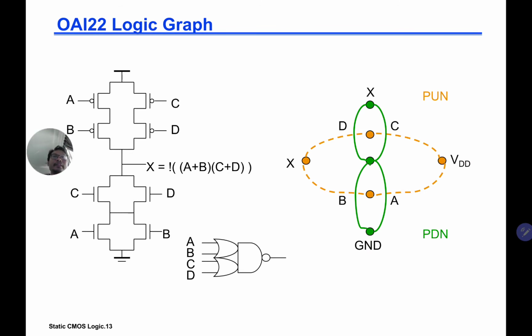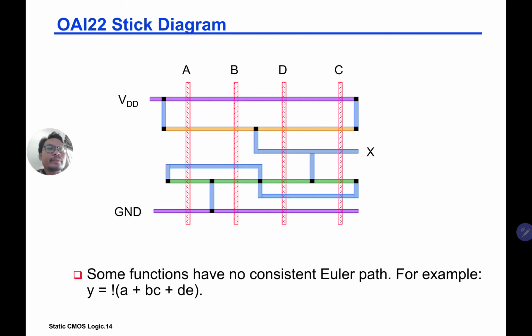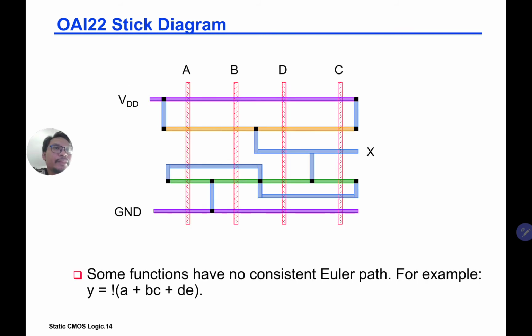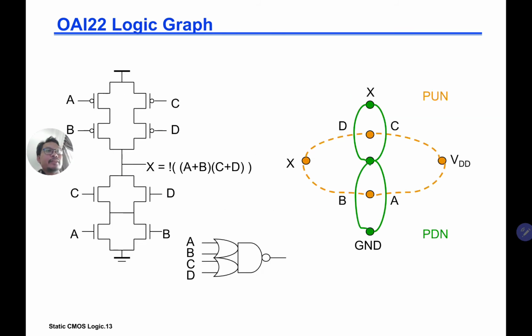This is for the OR-AND-invert 2-2. Can we find the consistent Euler path here? So let's see, ABDC.